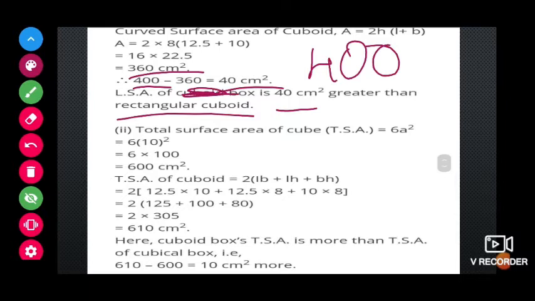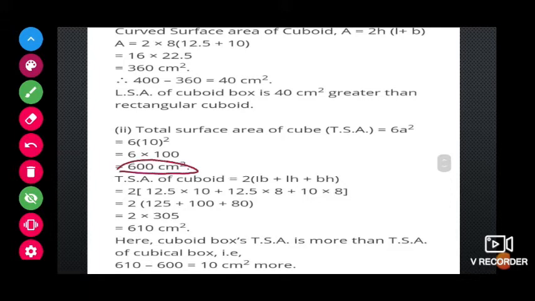Total surface area, using 6a square, we find 600 centimeter square. And for the cuboid, the total surface area we find by using 2 into (LB plus LH plus BH). If we use that formula, we will get 610 centimeter square. Now which is the highest here?